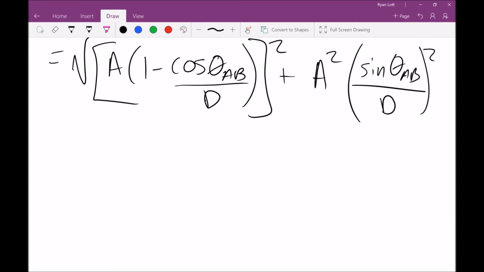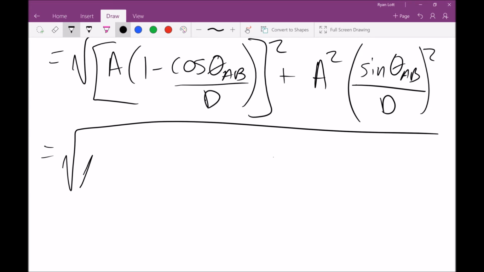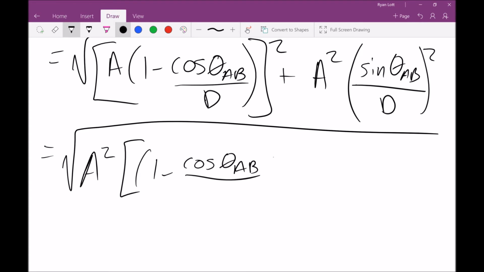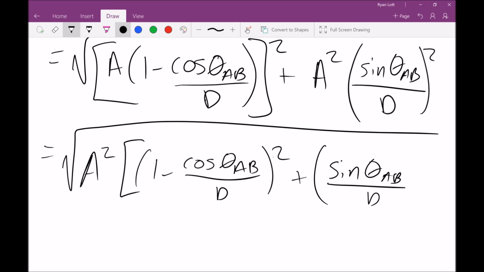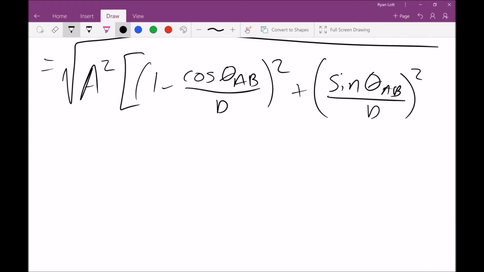And finally, we can pull out A again from this entire term. Square root of A squared times ((1 minus cosine theta AB divided by D) squared plus (sine theta AB divided by D) squared). And finally, we reach our general equation.